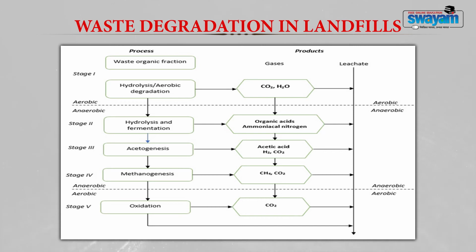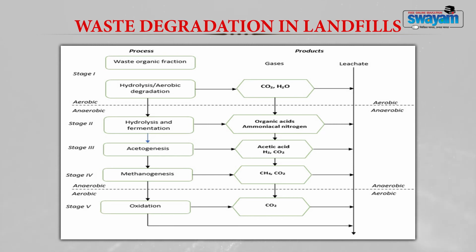Once methane and carbon dioxide are produced, the last stage, the aerobic process, starts. This is the last phase of waste degradation in a landfill, which is the oxidation process. Here, the partially degraded material is subjected to oxygen, or oxidation, and as a result it is also broken down or mineralized to carbon dioxide.